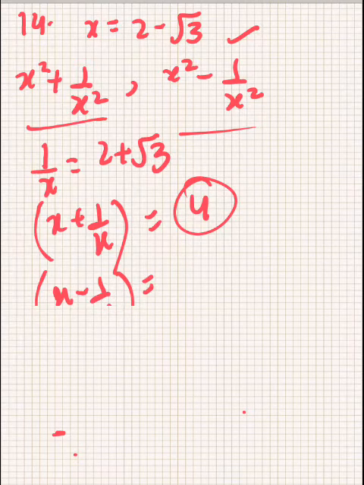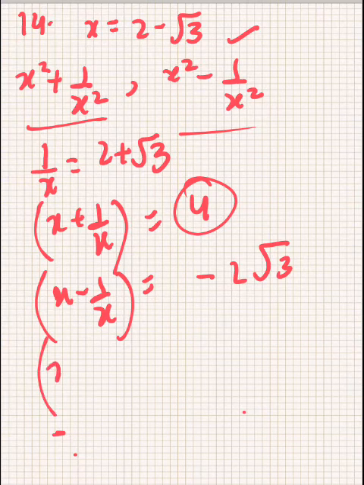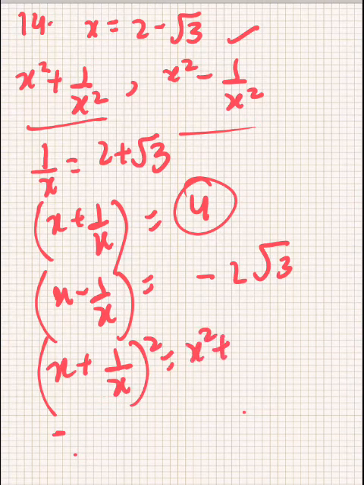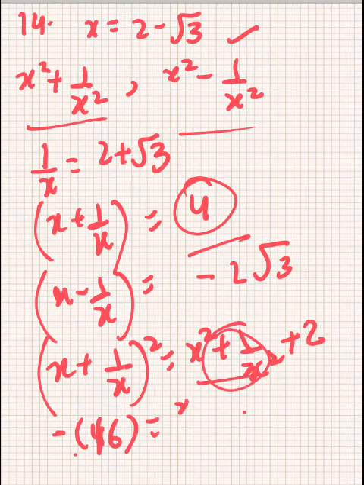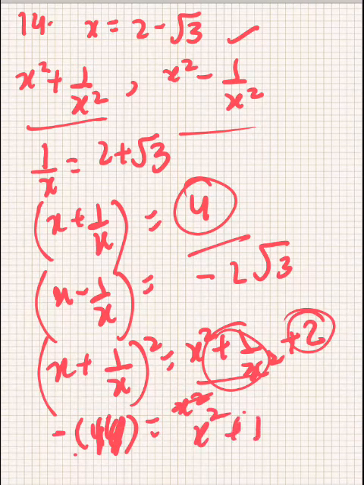So x minus 1 by x will be equal to minus 2 root 3. After that x plus 1 by x whole square will be equal to x square plus 1 by x square plus 2. So x plus 1 by x value I know, 4. So 4 squared is 16, and x square plus 1 by x square I have to find. So it's here 2, it will be 14 if I subtract it. So x square plus 1 by x square will be equal to 14.